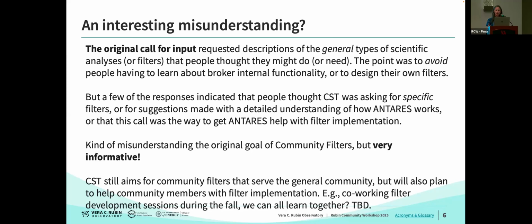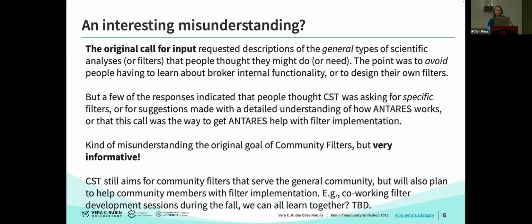Maybe we'll have some co-working filter development sessions, and bring in some of the people who responded with very specific ideas but need help implementing them. So we're thinking that we'll expand this whole effort a bit so that we can all learn together. We'll still have the community filters, but this should also help the community build their own filters that they need. So I thought that was pretty interesting. That's what you'll hear more about over the year as alerts get started.